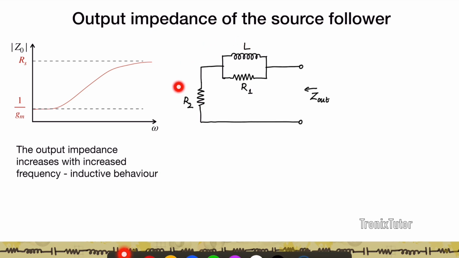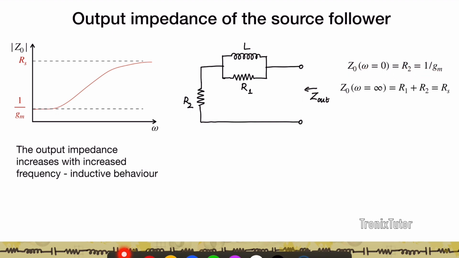So we model the output sometimes in this fashion, where you have R1, R2, and you have an inductance L, right? Now at ω equal to 0, this L is shorted, so essentially my Zout is R2, so my R2 is 1/gm.